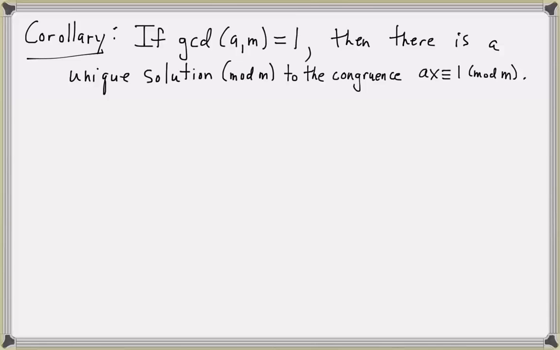So if we look at this congruence, we have an integer a, and I multiply it by x, and that is congruent to 1 mod m. So it looks like when I multiply these two integers, a and x, I get the identity 1. So this leads to the definition of a multiplicative inverse mod m. So let's define multiplicative inverses.